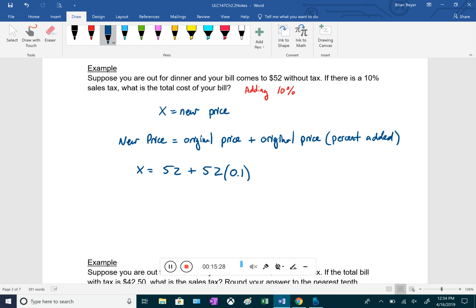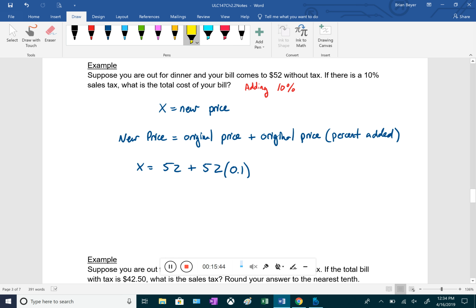So once again, just so you don't have to memorize the formula, it's the original price and you're adding 10% of the original price to it. So hopefully that makes sense without having to memorize it.